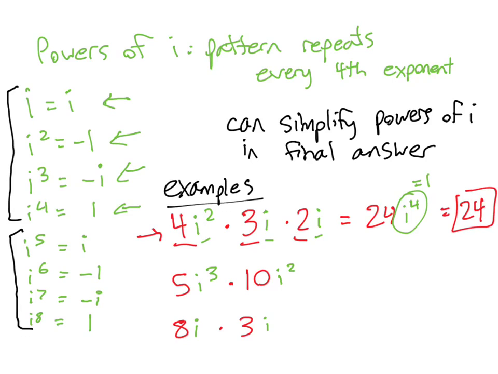In the next example, we'll multiply those coefficients. 5 times 10 is 50, and i to the power of 3 times i to the power of 2 is i to the power of 5. So let's see what that simplifies to. Well, we can see i to the power of 5 is just the same as i to the power of 1 because the pattern repeats every fourth exponent. So this is really the same as 50i.